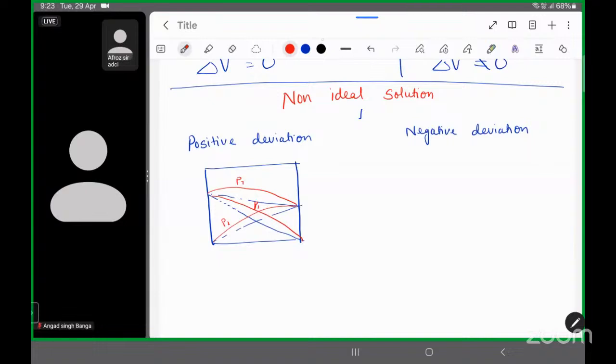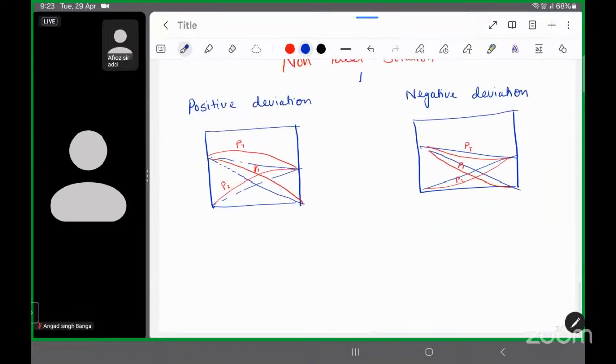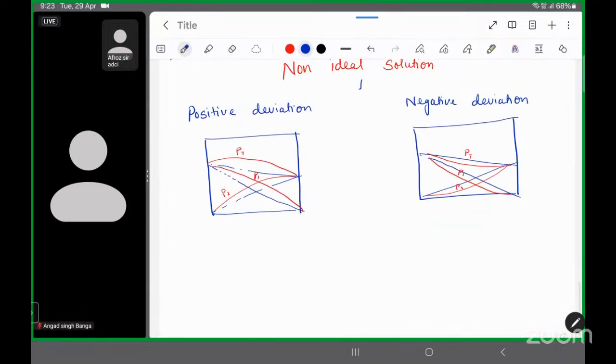And in the case of negative deviation, vapor pressure is lower than Raoult's law. This is P1, this is P2, and this is PT. Right. Now, what is the reason for this? Why is their vapor pressure lower in one and higher in the other?